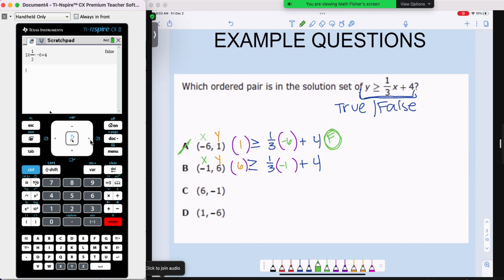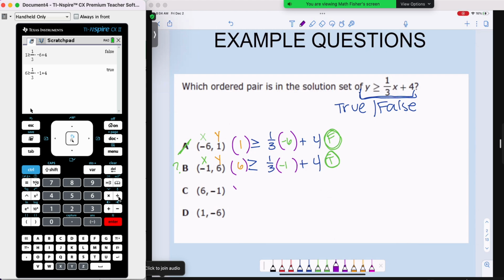Do true and false, same thing. Parentheses 6, control equals, the right symbol, then control divide, 1 over 3, -1 plus 4, and that says true. This will probably be my answer, but we need to check C and D first.